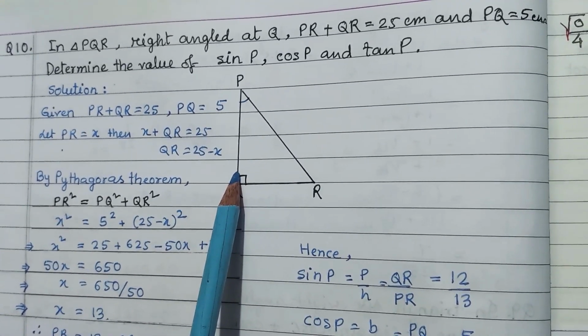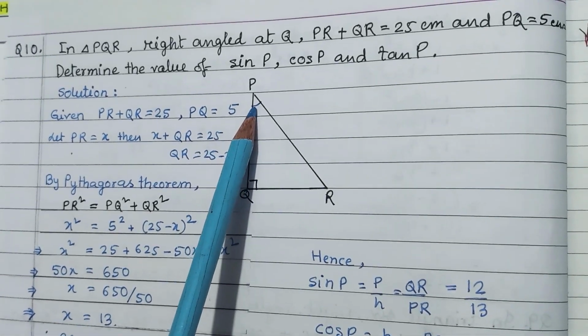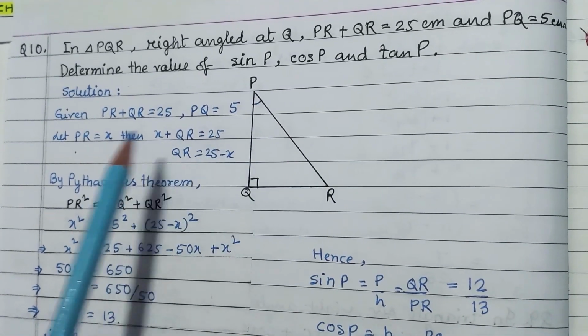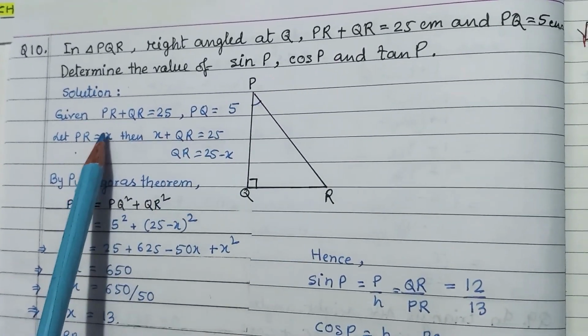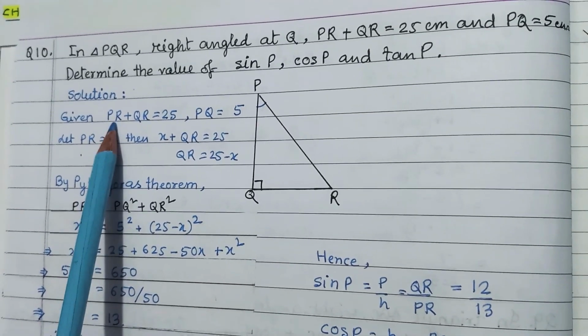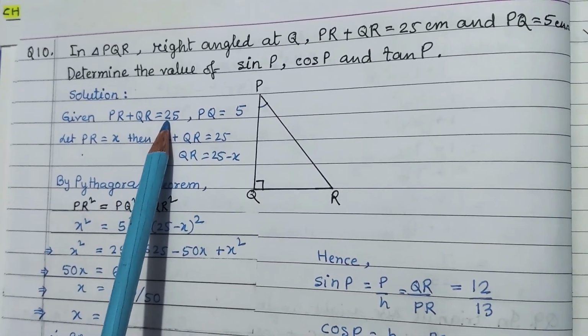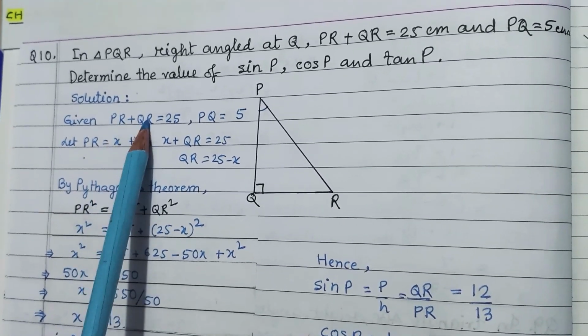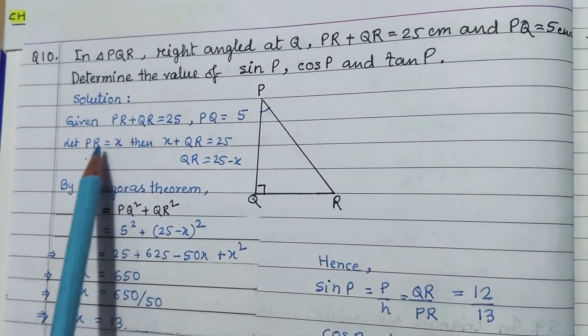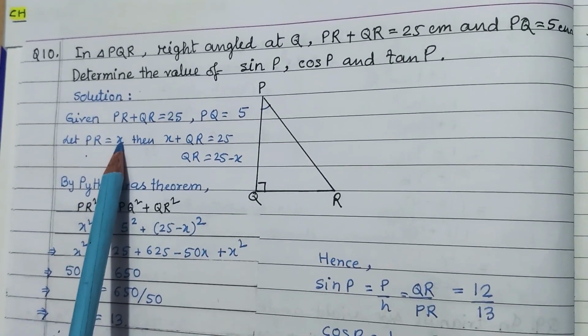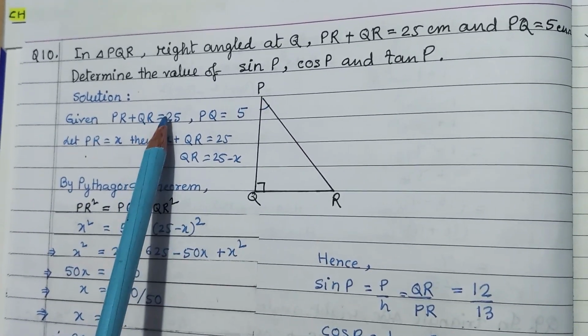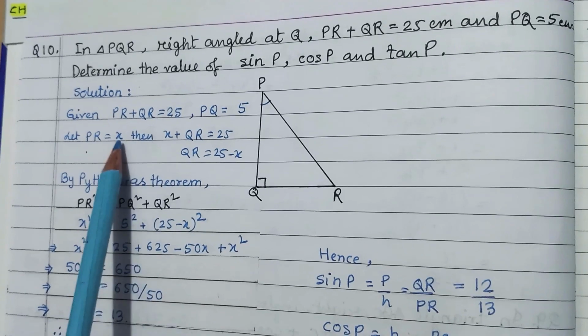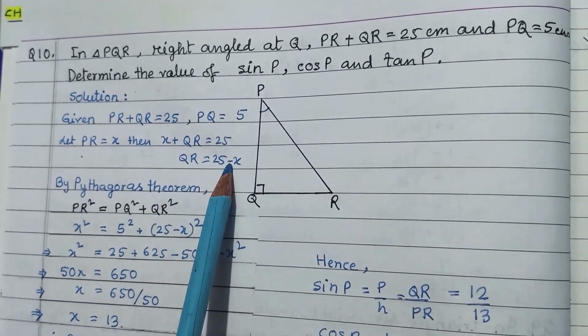Determine the value of sin P, cos P, tan P. These 3 values we have to find out. Here we take any one of these two as x. I have taken PR is equal to x. Then QR is equal to 25 minus x.